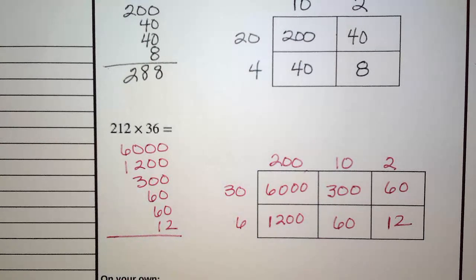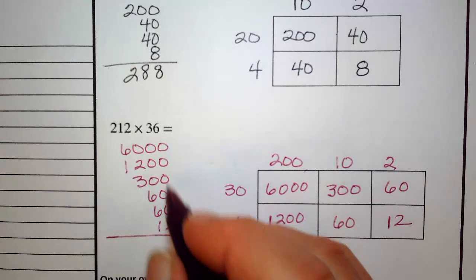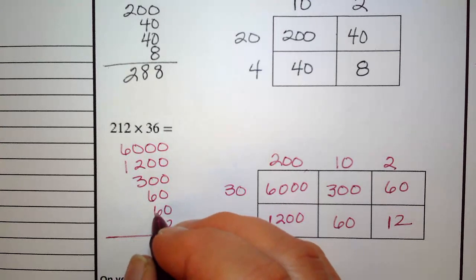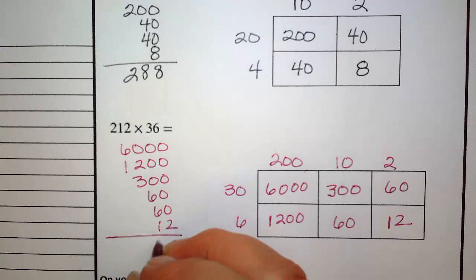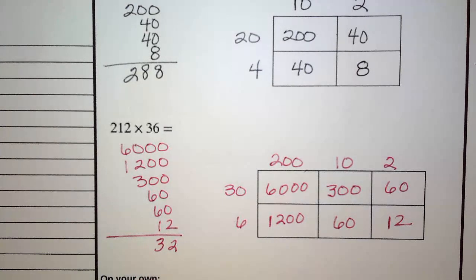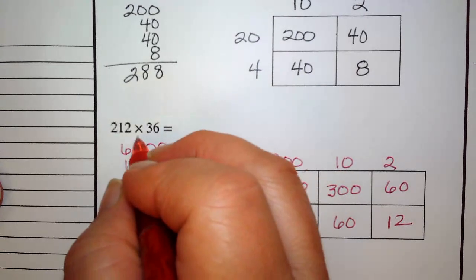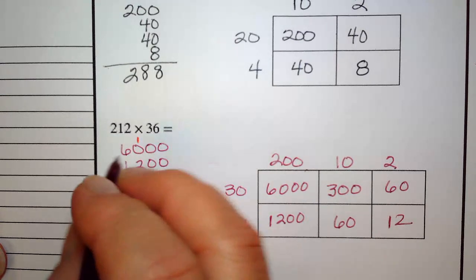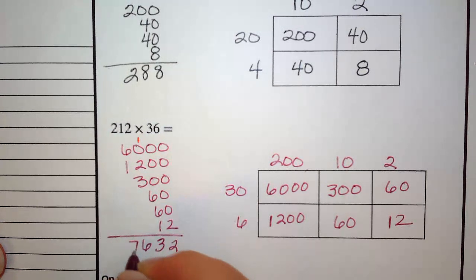If you notice, I worked very hard to keep my column straight. This one got off a little bit, but not bad. So 2, then I come down. 6 plus 6 is 12, plus 1 is 13. I've got to carry that 1 over. 1 plus 2 is 3, 3 plus 3 is 6. 6 plus 1 is 7, and I am done.